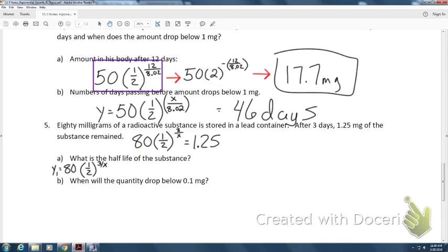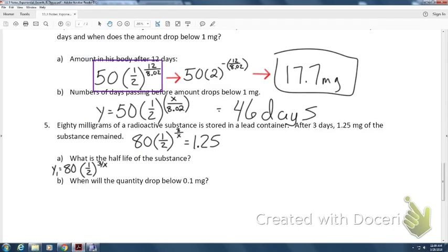No. So how else can I solve this? Well, eventually, yes, we will, but we won't get into how to do that by arithmetic or algebraically until next unit. So what is another way?